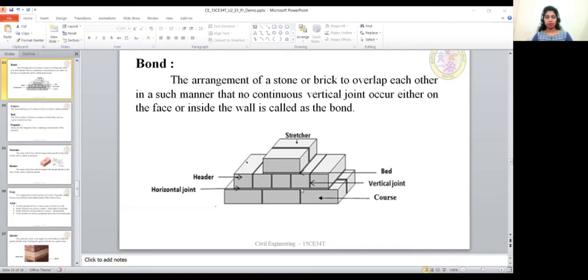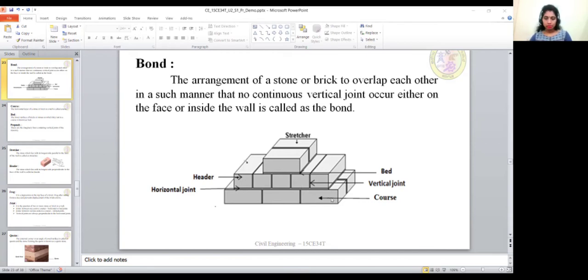So if load is applied on the joint which is parallel to the load line, ಏನಾಗುತ್ತೆ weaker section ಅಲ್ಲಿ if you take two units and you're joining it, okay, ಮೇಲಿಂದ load apply ಮಾಡ್ತೀರಾ vertically and ಅದು parallel to your vertical line ಅಂದಾಗ ಏನಾಗುತ್ತೆ, that can be split, correct? The vertical joint should not come in a single line. Anywhere it may be, like face ಎಲ್ಲಾದ್ರೂ ಆಗ್ಬೋದು or inside of the wall section ಆದ್ರೂ ಆಗ್ಬೋದು.